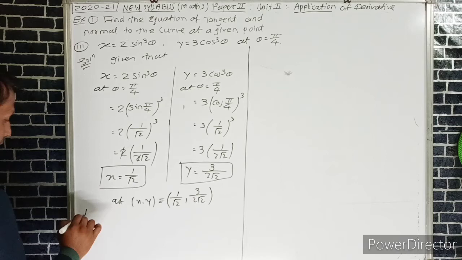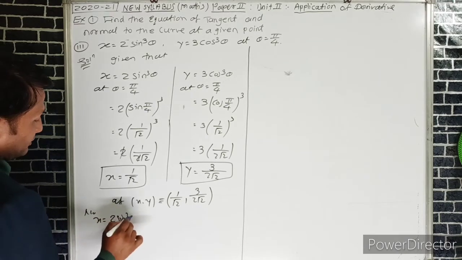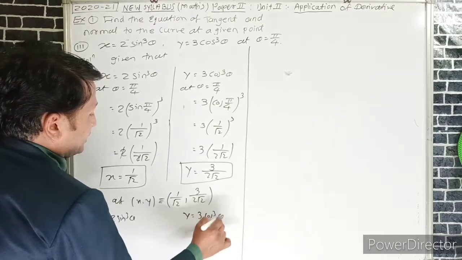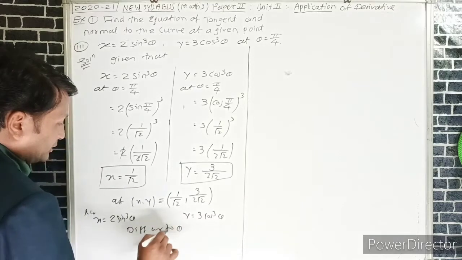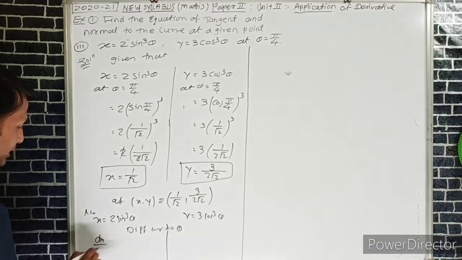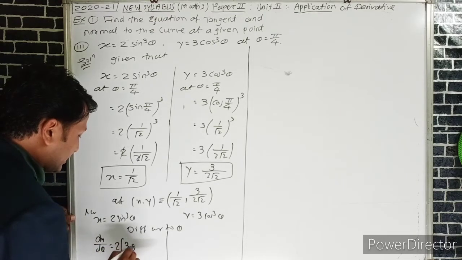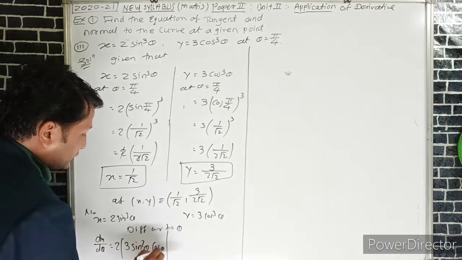Now x is equal to 2 sin cube theta, y is equal to 3 cos cube theta. If we differentiate with respect to theta, we get dx upon d theta is equal to 2 into 3 sin square theta and again the derivative of sin theta, which is cos theta.